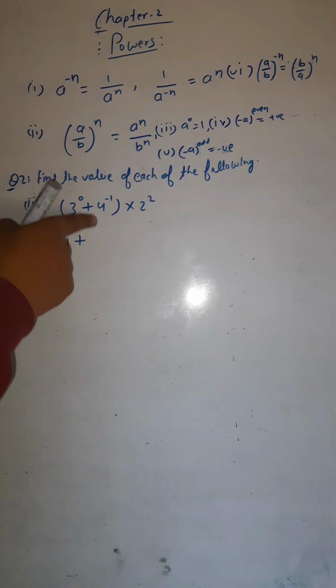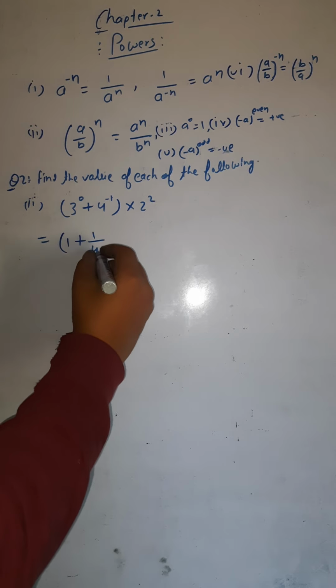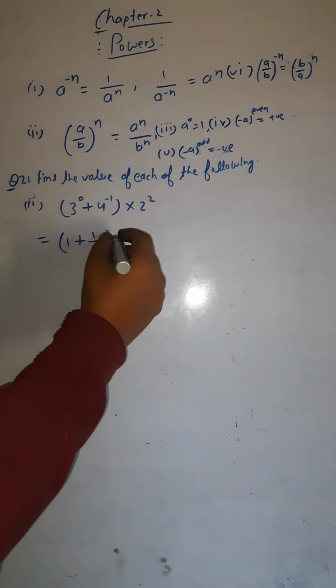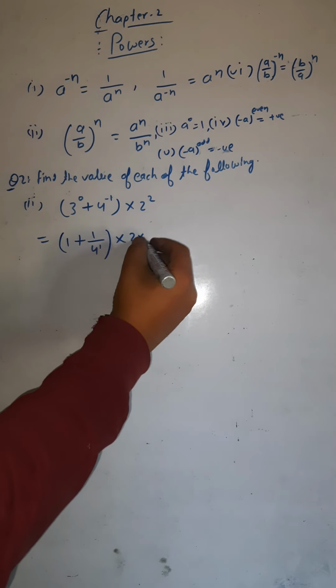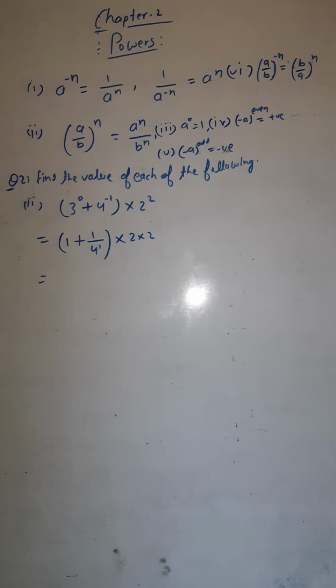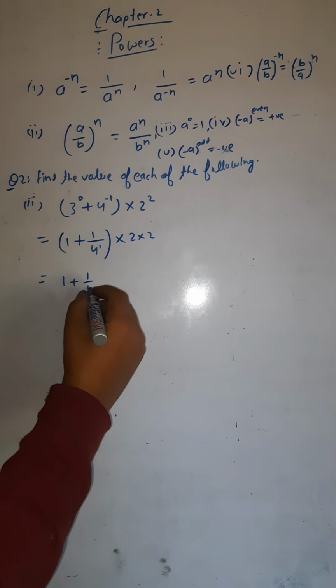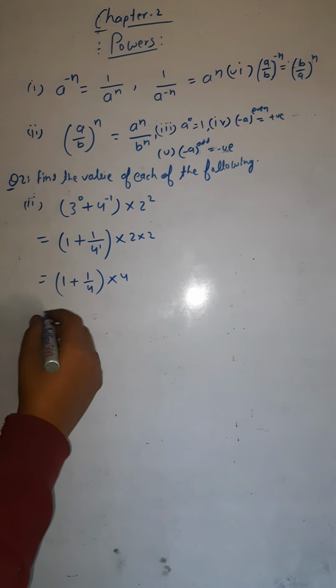Plus, what do you mean by 4 raised to the power minus 1? 4 raised to the power minus 1 means 1 by 4 raised to the power 1. Using the first formula. 2 raised to the power 2 means you would multiply 2 two times. Just solve it now. It would be 1 plus 1 by 4 raised to the power 1, which is 1/4, multiplied by 4.